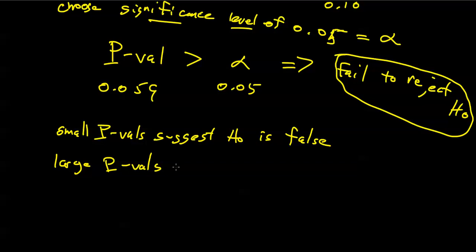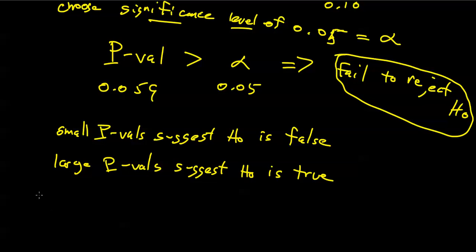Larger than alpha, suggest H0 is true. Right? So if I've got a p-value larger than alpha, my sample data is weak, too weak to warrant rejecting H0.